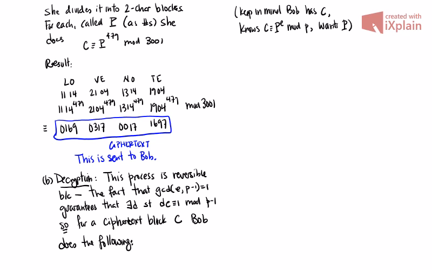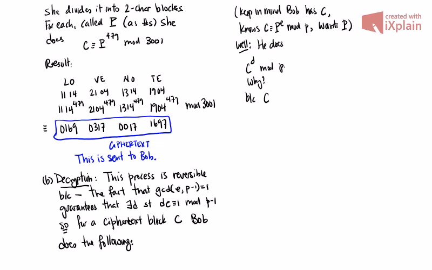Right? But here's the deal. He takes the ciphertext, he does C to the D, mod P. So why?